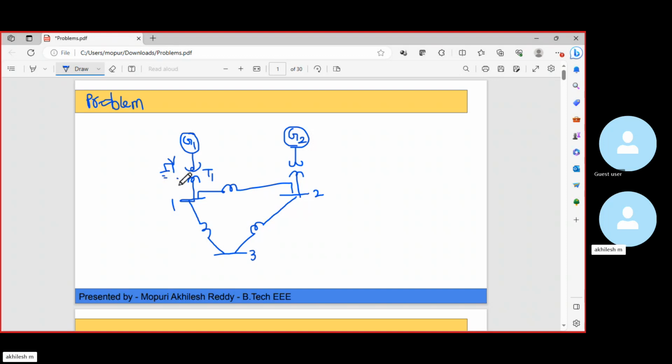This is the connection of transformer T1. Now coming to transformer T2, let us consider it is delta on one side and the other side is star with neutral grounded. Obviously a three-phase synchronous generator will also be either star with neutral grounded, star, or delta connected, even though we won't focus on the connection of the generator.